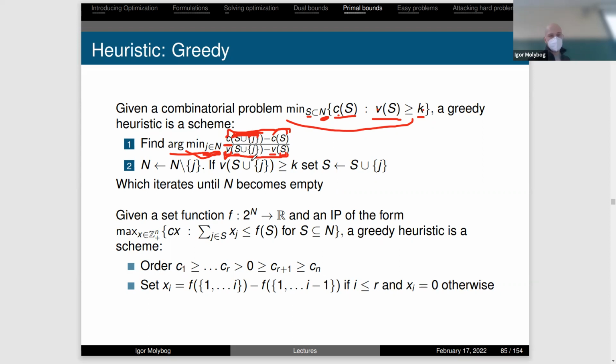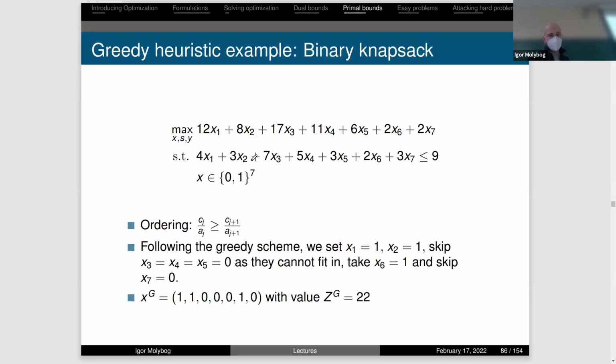Let me actually switch for now to the particular example of binary knapsack, just to illustrate the idea, and then we will come back to discuss it in more generality. So we have this problem. We are optimizing over the set of 7 objects.